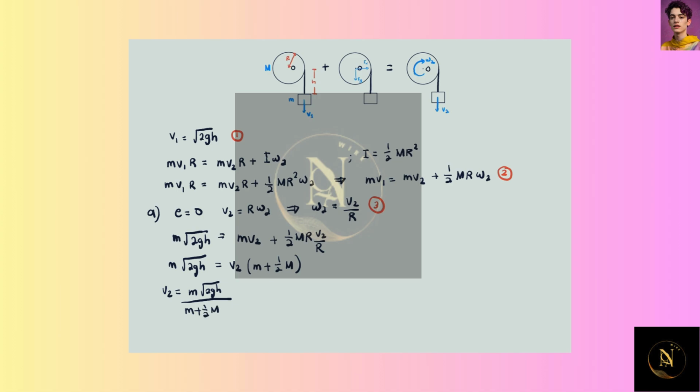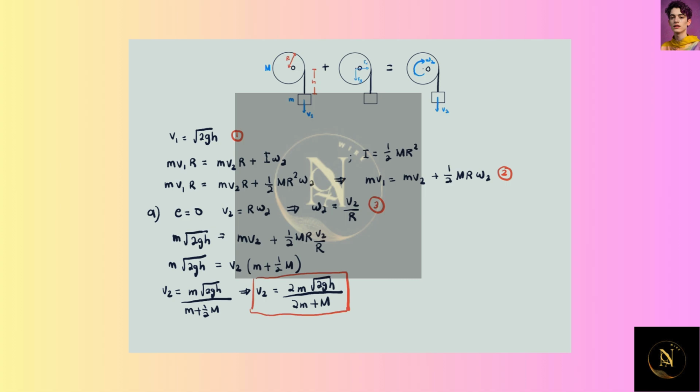Further simplifying, specifically the denominator, we'll get v2 equals 2m square root of 2gh over 2m plus M. So this is our expression for the velocity of the block.